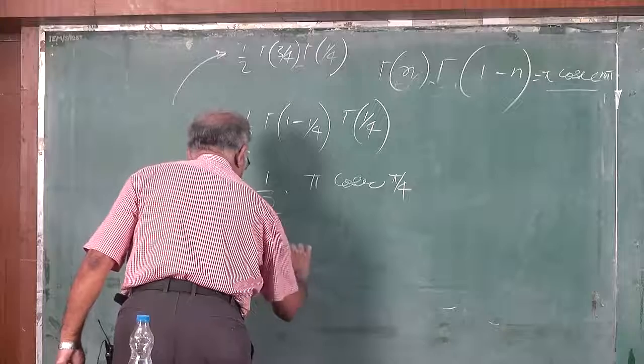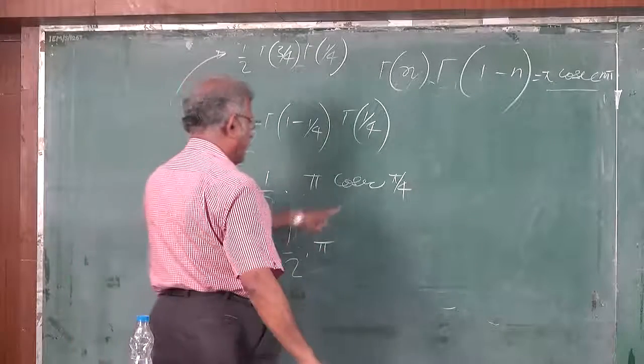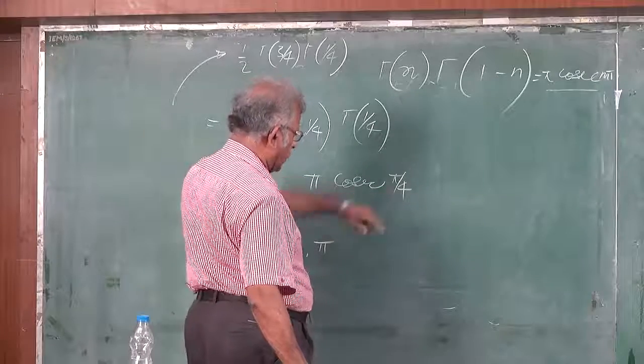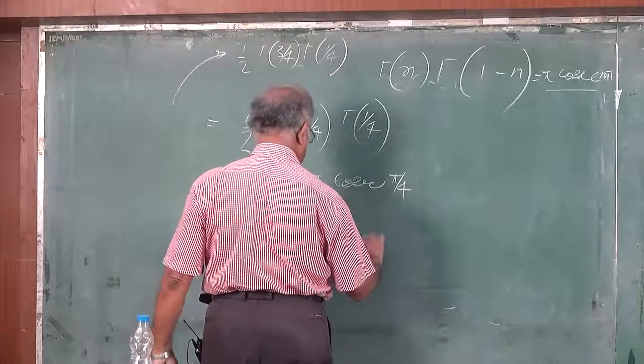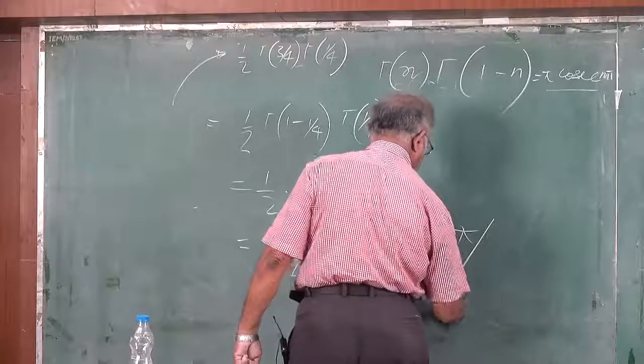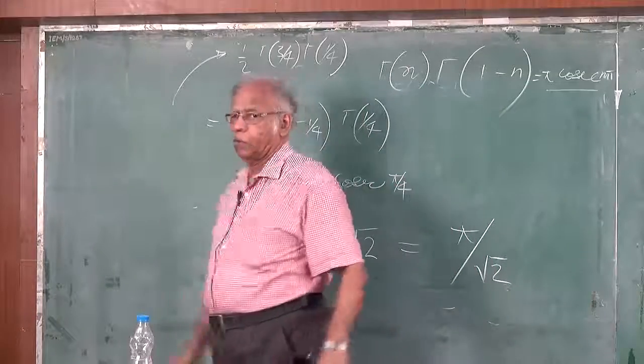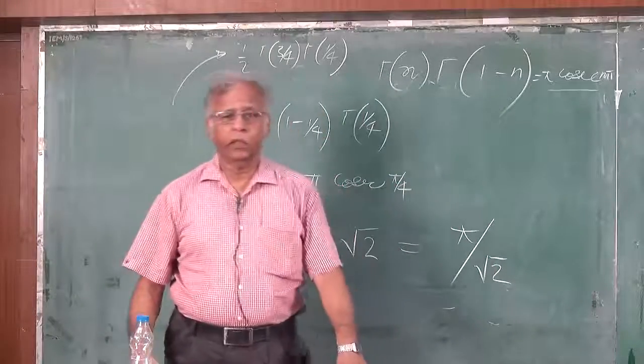So this is half pi. If sine pi by 4 is 1 by root 2, cosec pi by 4 is just root 2. So the net answer is pi over square root of 2. That is the value of the integral that we were looking for.